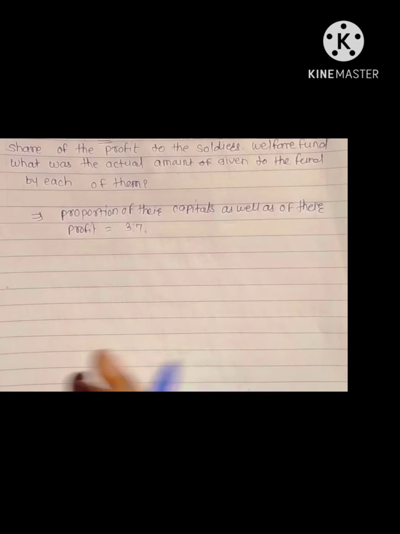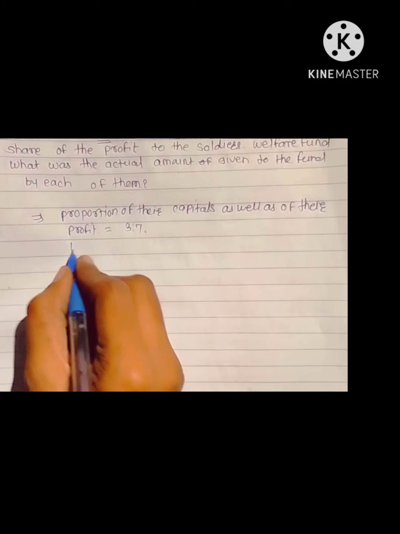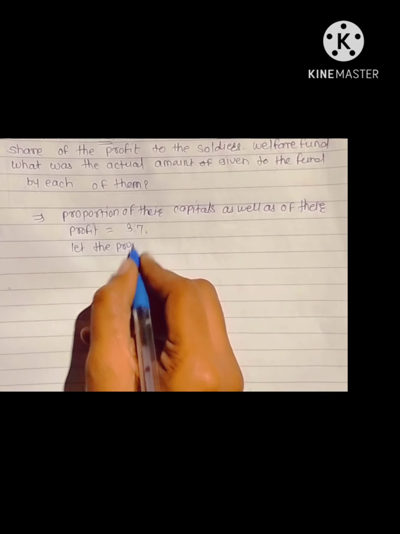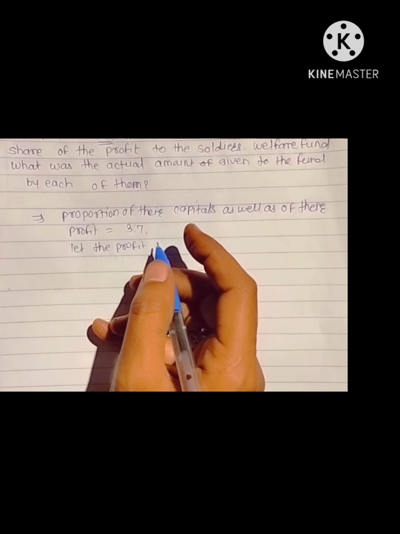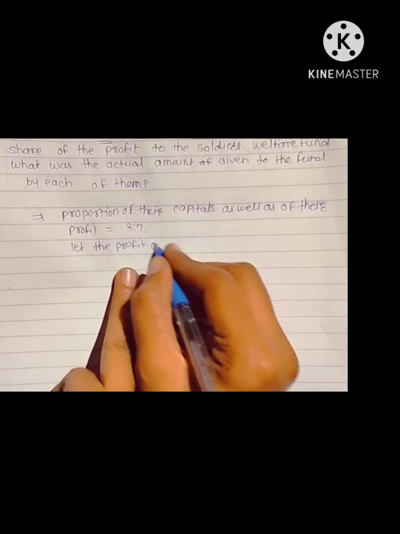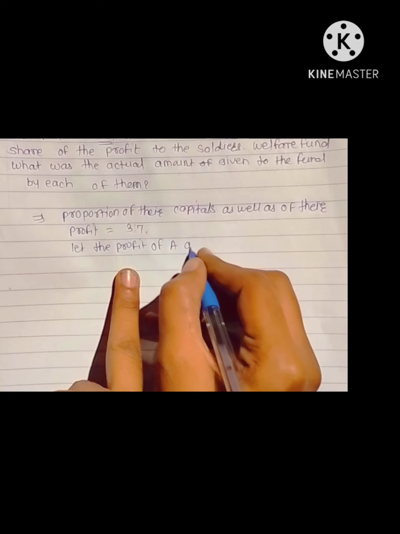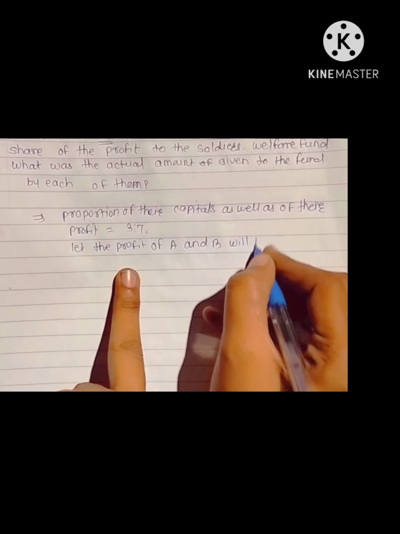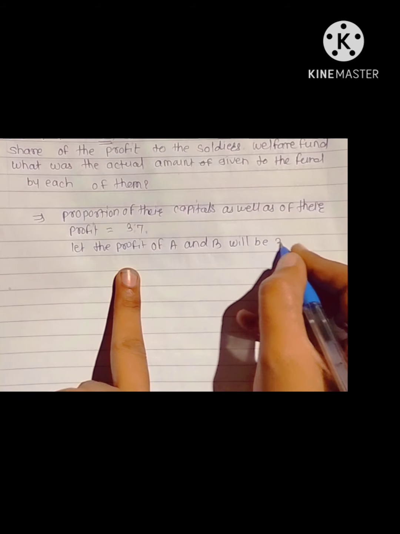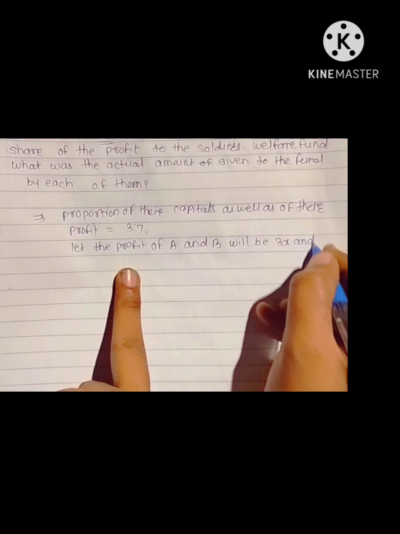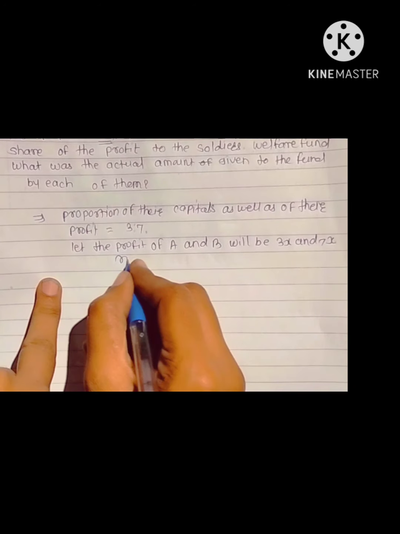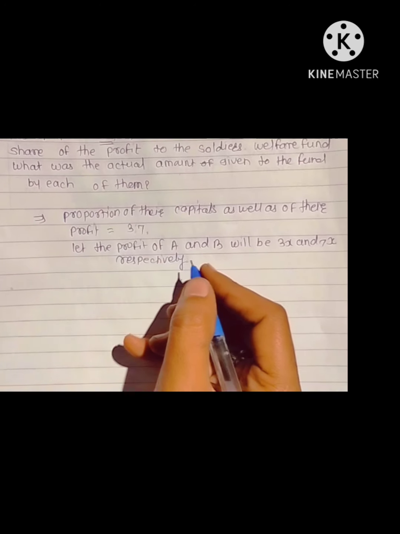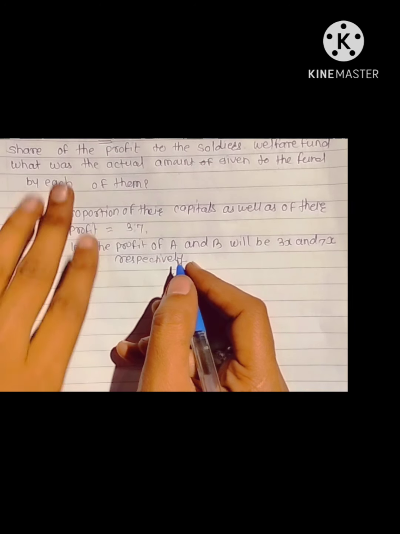So let the profit of A and B be 3x and 7x respectively.